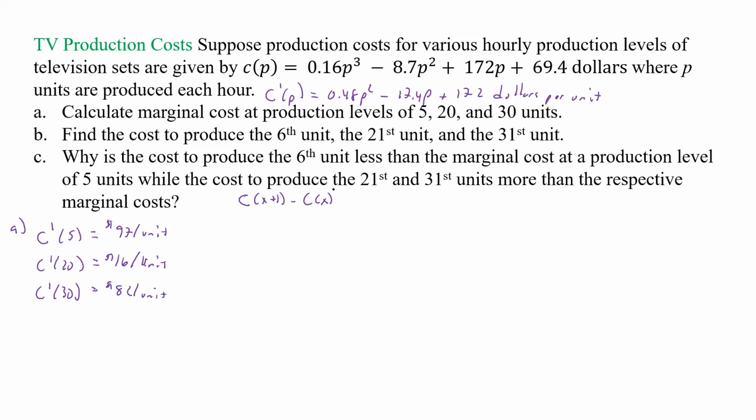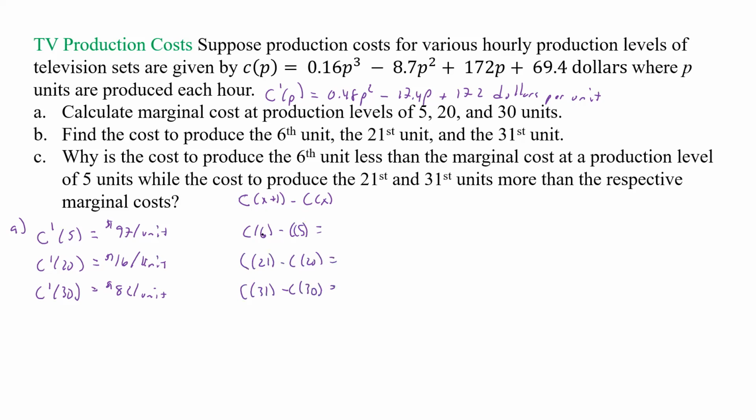We have to figure out what that unit is. For the 6th unit, that's C of 6 minus C of 5. For the 21st, it's C of 21 minus C of 20. And for the 31st, it's C of 31 minus C of 30.